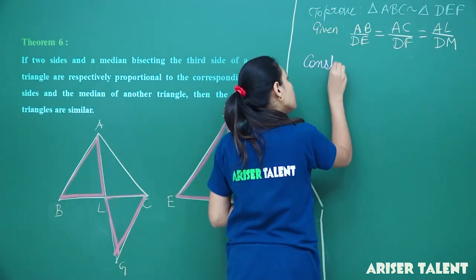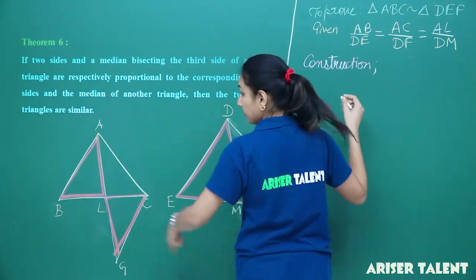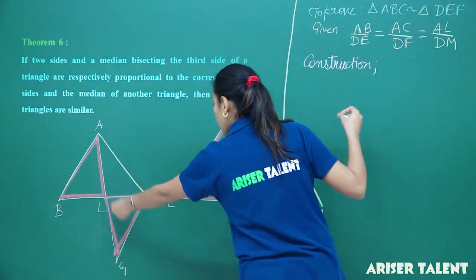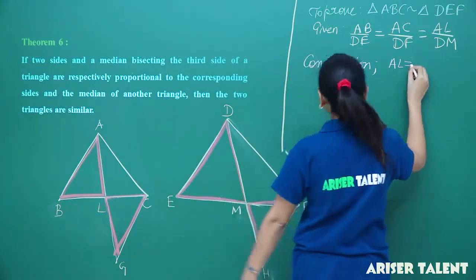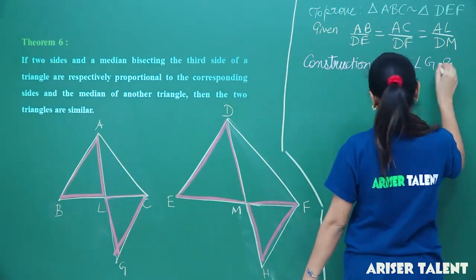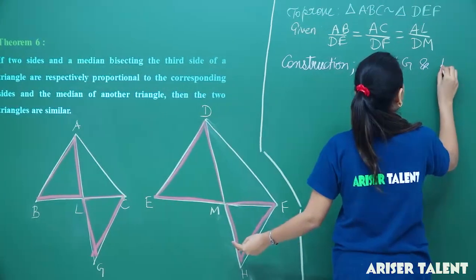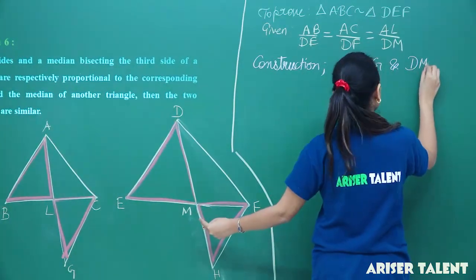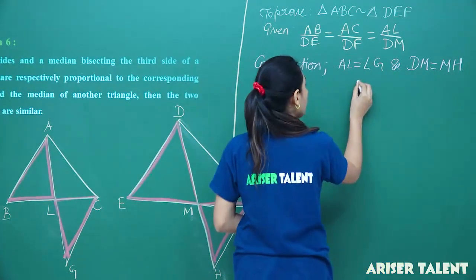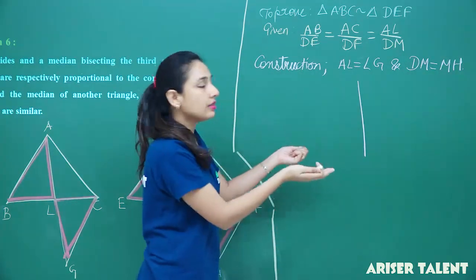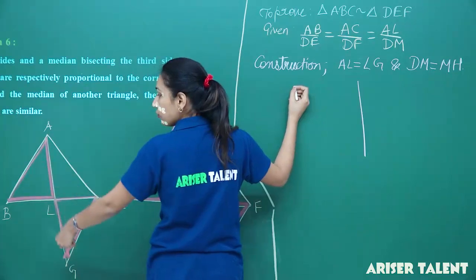By construction, students, you have done what? AL equals LG, and DM equals MH. So what I am doing is, I am parting this in two sides, and here I will be talking about this triangle.